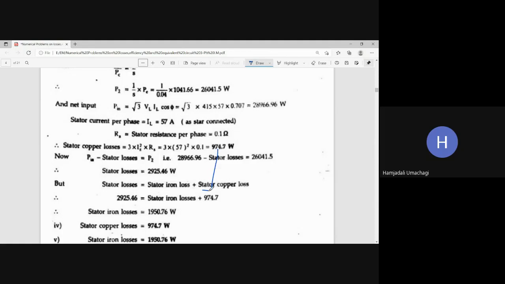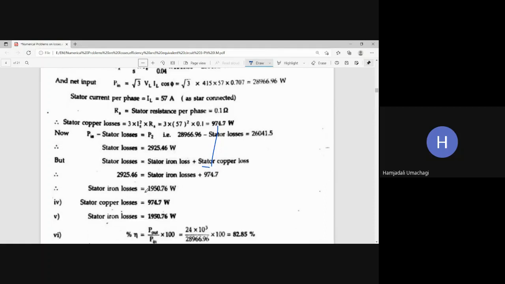So from this I can calculate stator iron loss. Stator iron loss is equal to 2925.46 minus 974.7, and the answer will be 1950.76 watts. So this is the stator iron loss.